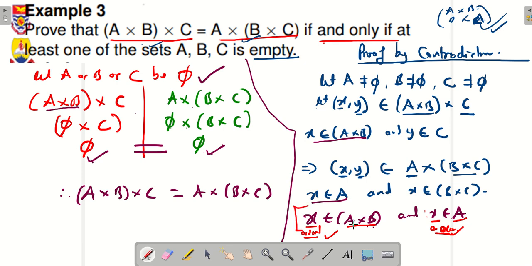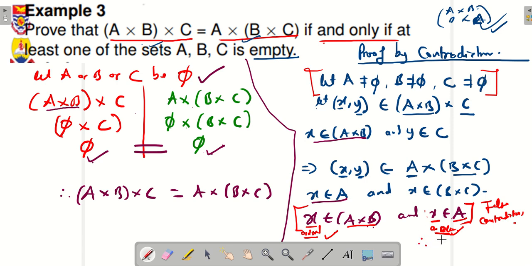So this entire statement is false, or contradictory. Because it is contradictory, it means that the assumption we made here is a false assumption. So we cannot assume that A is not an empty set, B is not an empty set, C is not an empty set.